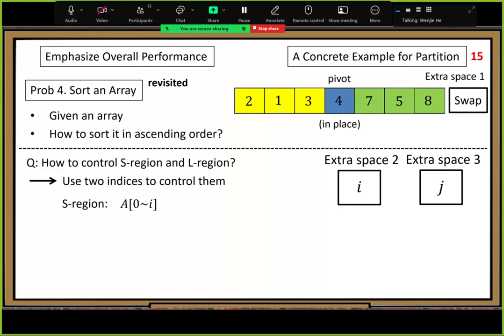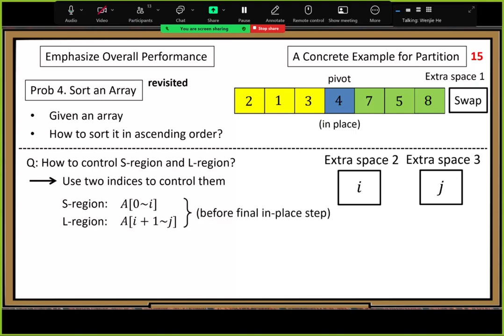The S region occupies the array locations with indices from 0 through I. The L region occupies the array locations with indices from I plus 1 through J. Then every time, we only need to change the I value or the J value to grow these two regions.